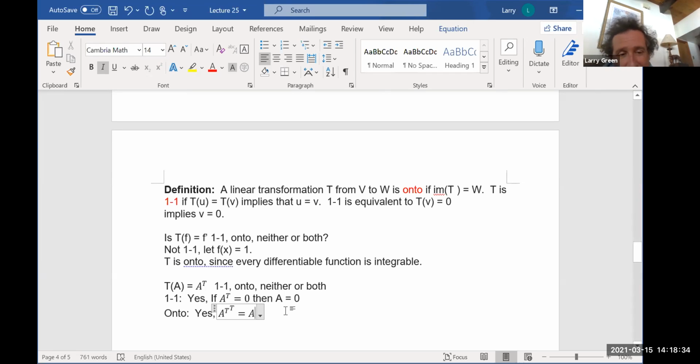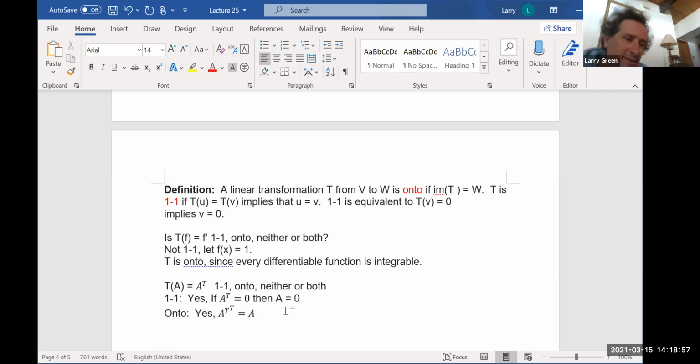So that means that if we have a matrix in W, then we can always take the transpose of that matrix and call that the matrix in V, and its transpose will be the matrix you started with. That's what this says.